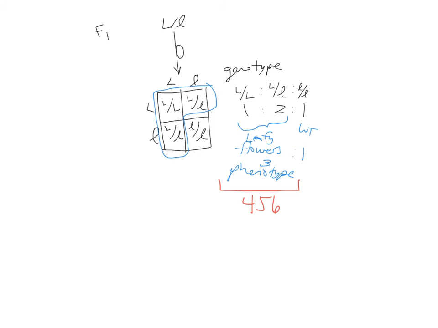We've got 456 F2s. All right, I should label that. That's the F2 generation. 456 F2s that have leafy flowers. And the question is, how many plants do you expect to see that don't have leafy flowers?